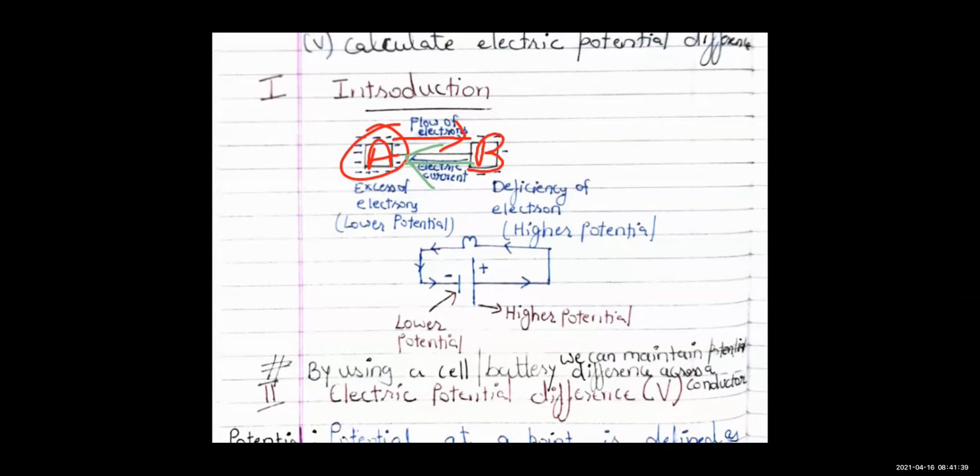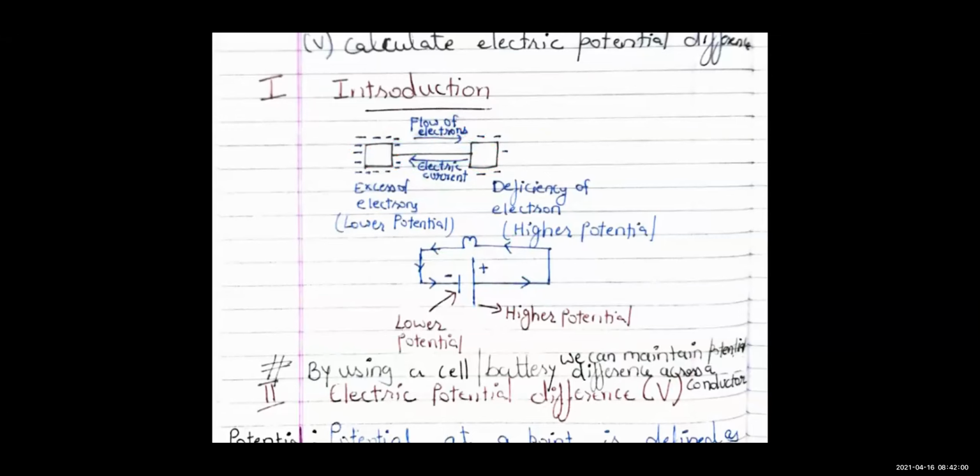You will show from the positive terminal of the cell towards the negative terminal of the cell. So the direction of electric current is from positive to negative. Okay, that is opposite to the flow of electrons.